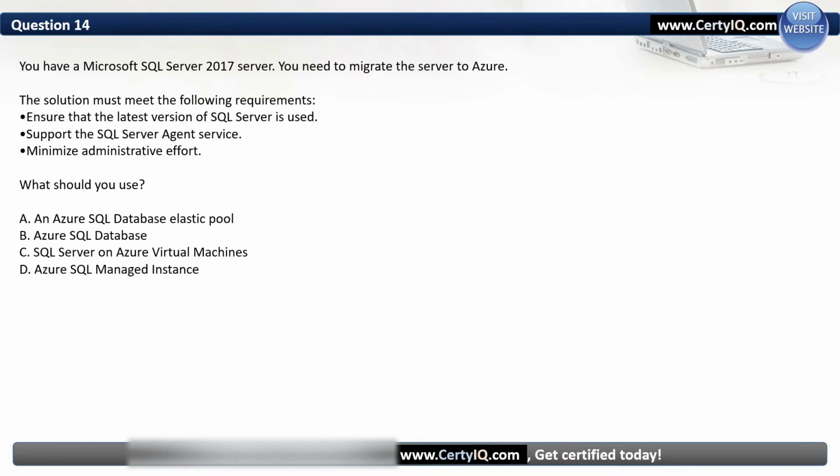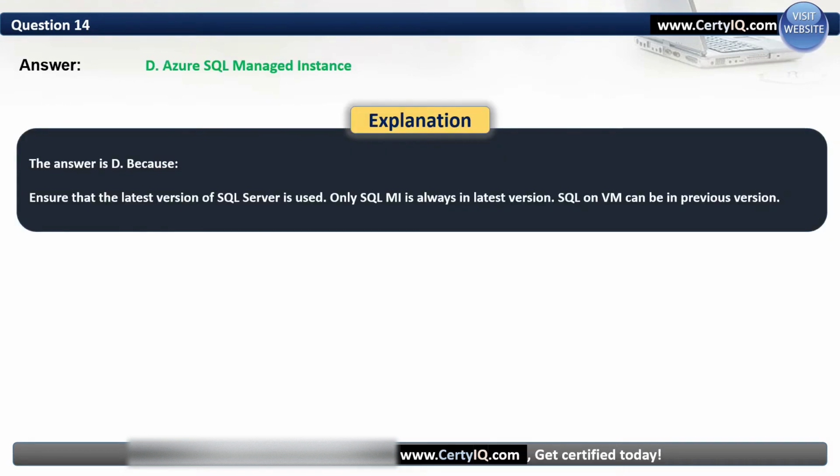The correct option is D. Azure SQL Managed Instance. The answer is D because it ensures that the latest version of SQL Server is used. Only SQL-MI is always in latest version. SQL on VM can be in previous version.